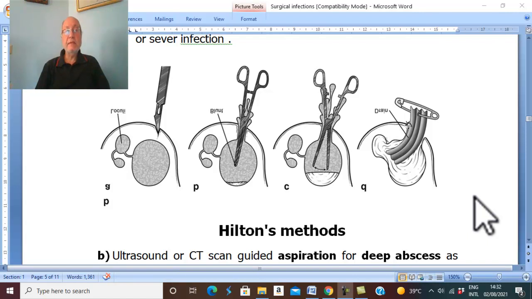Treatment of acute abscess. Like the clinical picture, we divide the patients into before suppuration and after suppuration.